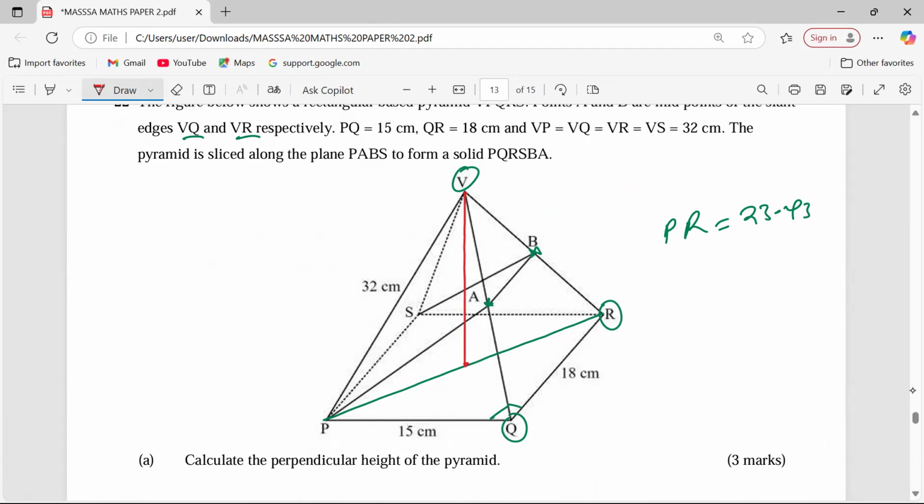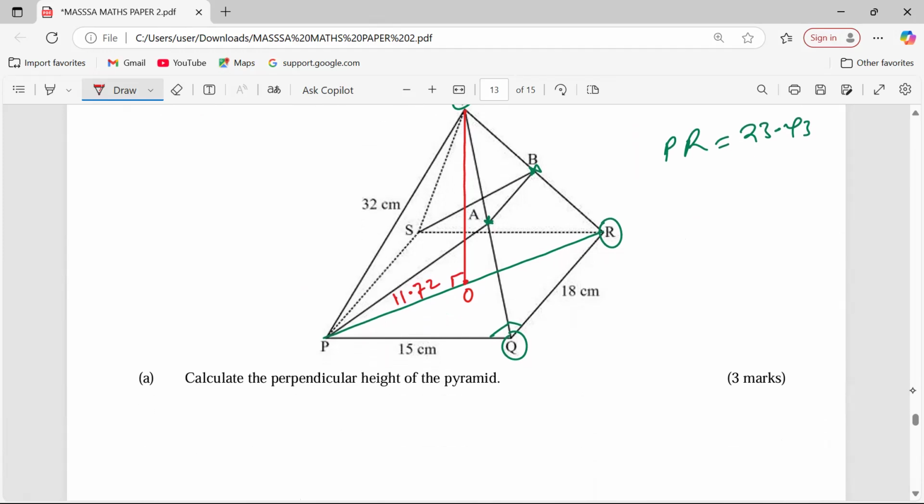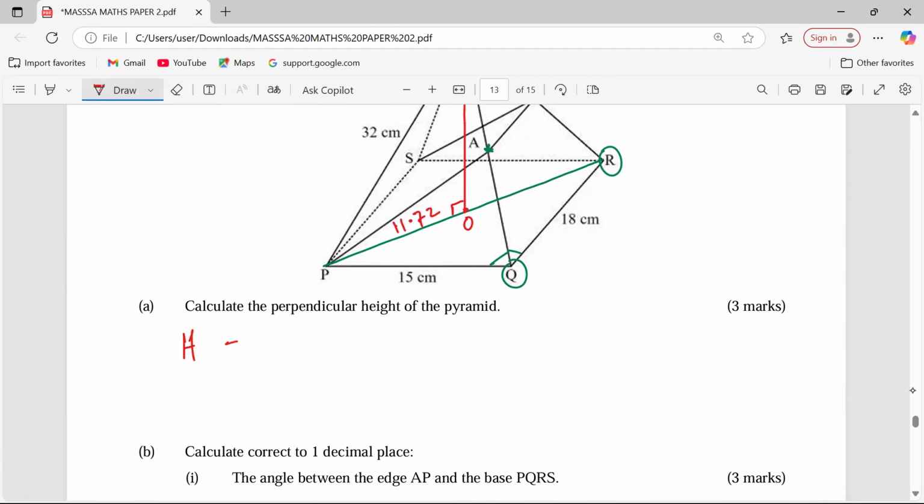All the way to the mid of the base, up to that point. So we need half of this length, 11.72. So 11.72 will be used together with 32 to give us the vertical height. So the vertical height will be 32 squared minus 11.72 squared.